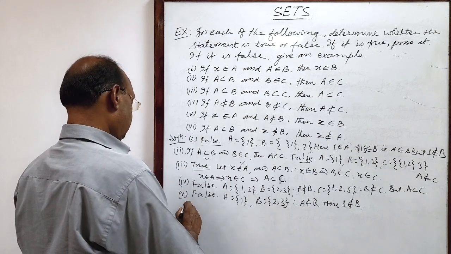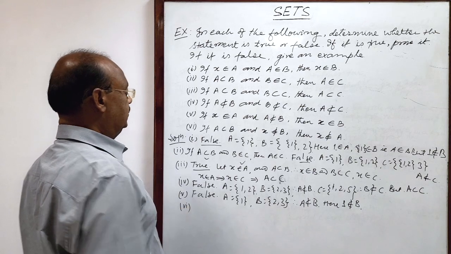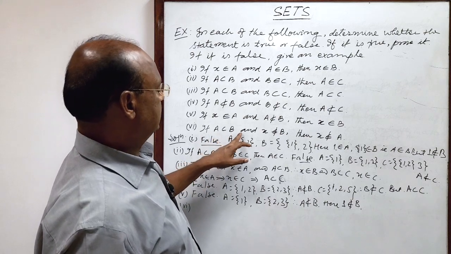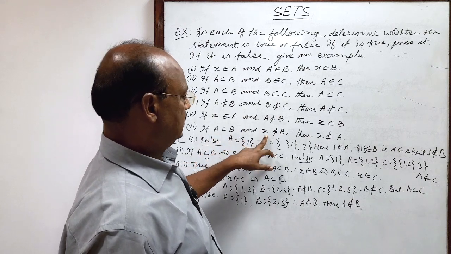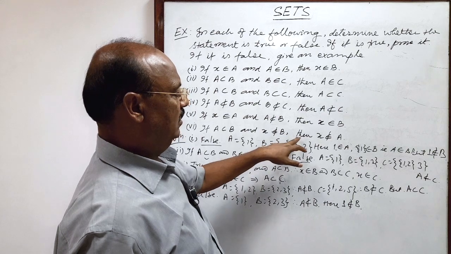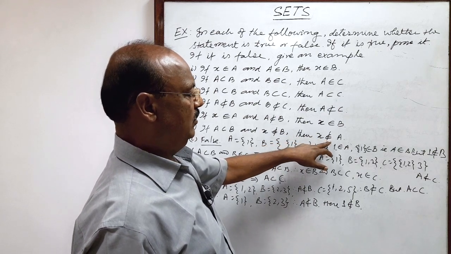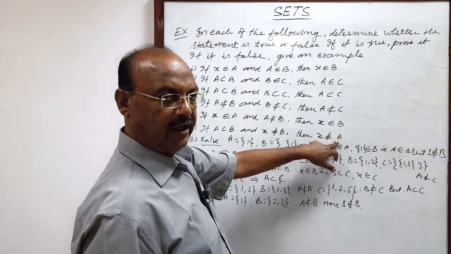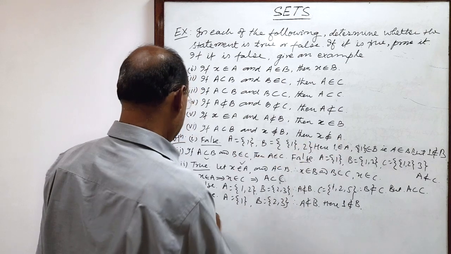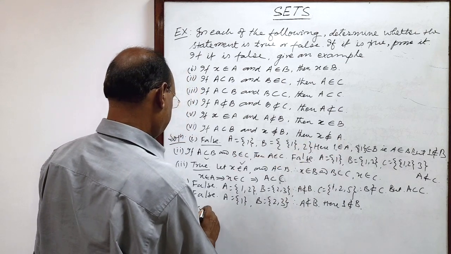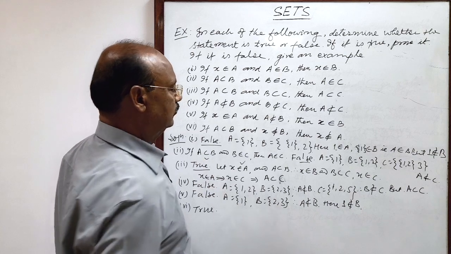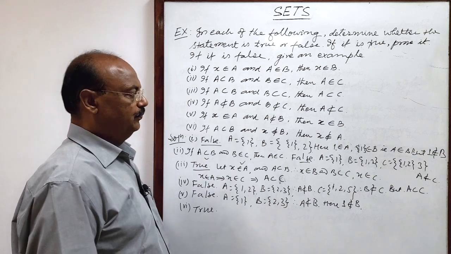And the last part of this question: if A is a subset of B and X does not belong to set B, then X does not belong to set A. This statement is true. Let us prove it.